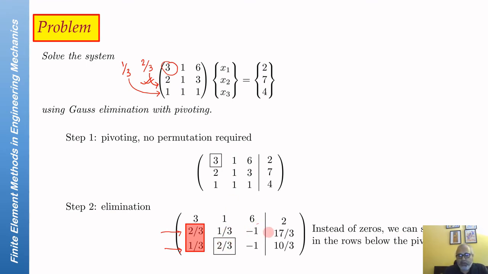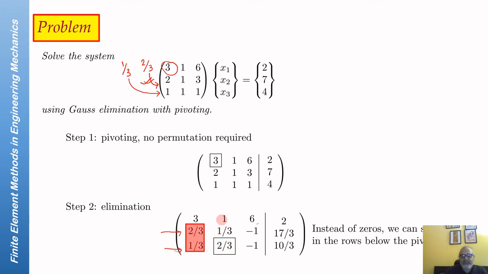Now, the B vector has been changed as well. Now we have to eliminate this. Now we see that 2/3 is the larger of the two. 1/3 is smaller than 2/3, so we are going to swap rows 2 and 3. That means multiplying by a suitable permutation matrix.